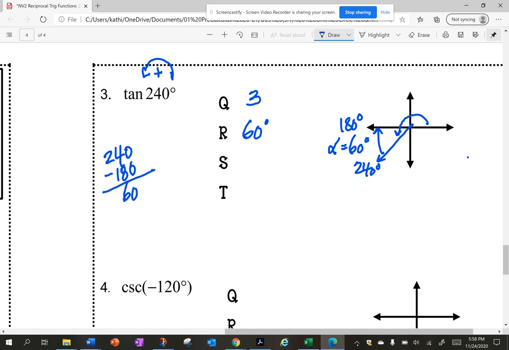So tangent is y over x. And x and y are both negative in the third quadrant. So the sign of tangent is positive. All Students Take Calculus. So tangent is positive in the third quadrant. So this is the positive tangent of 60 degrees.